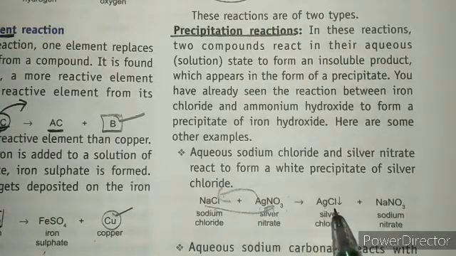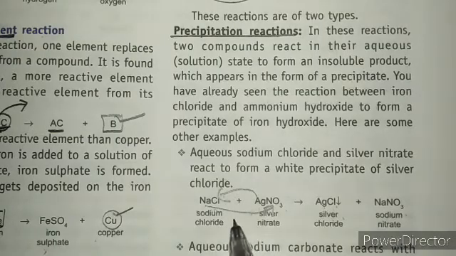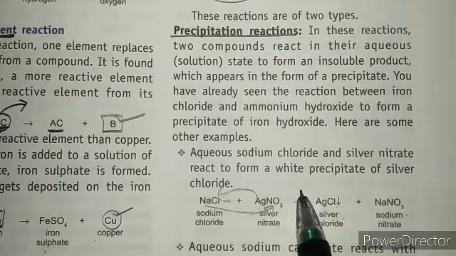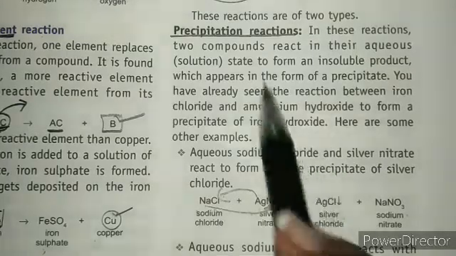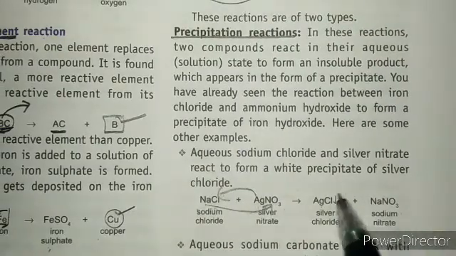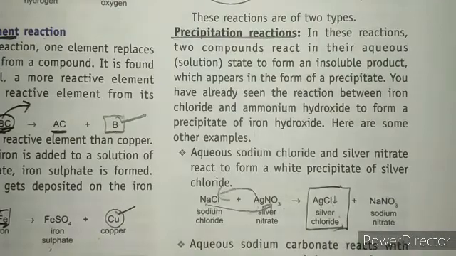So AgCl, that means silver chloride, and sodium nitrate. So both have changed their position with one another. So that is double displacement reaction, and here they form a precipitate. So this silver chloride is the precipitate.